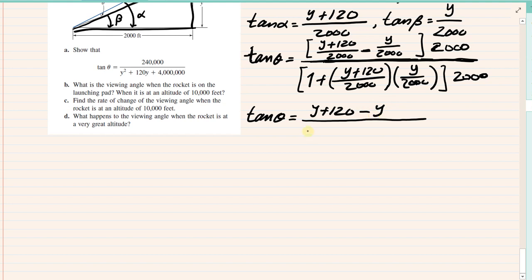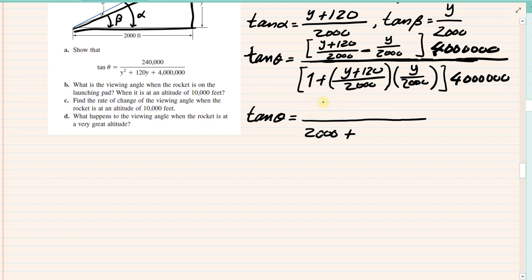In the denominator, 2,000 times 1 is 2,000. And actually, the LCD is 4 million. Sorry. Because see, you got two 2,000s down here. We got to get rid of both of them, don't we? So I'm going to write 4 million here, and 4 million there. Now, that's going to change this ever so slightly.